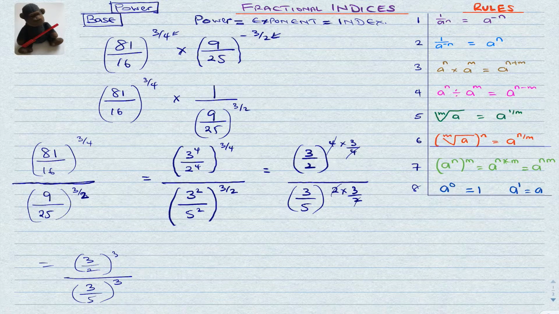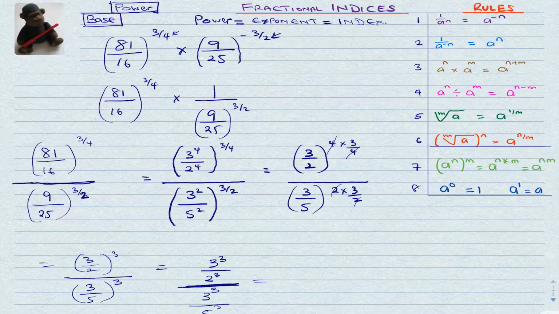Right. So now what we need to do is we could basically open the brackets, and that would be 3 cube over 2 cube divided by 3 cube over 5 cube. Remember, we need to turn the divide into multiplication.